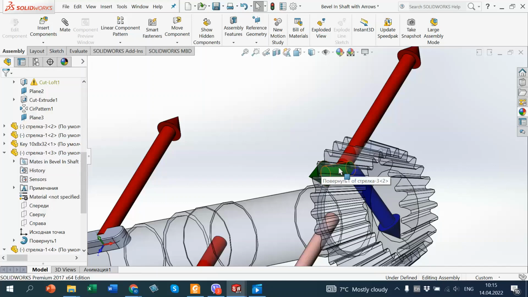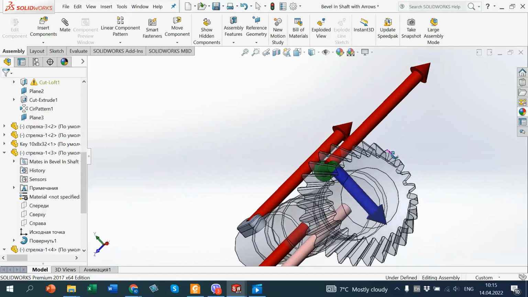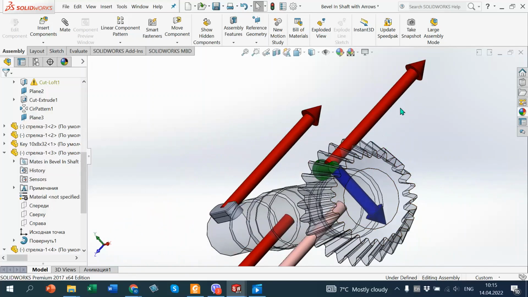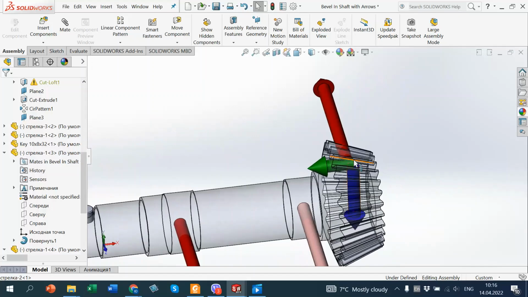But to make it easier, it is considered that forces are applied in one point. So what we have? We have tangential force, tangential. Blue, it is a radial force, and this green is axial force.